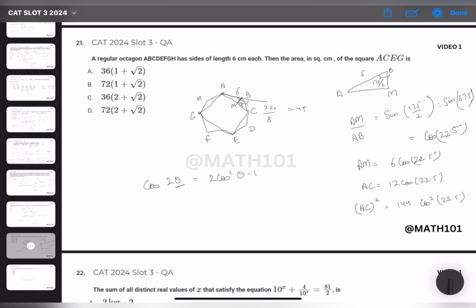Putting theta as 22.5 degrees, we get cos 45 degrees equals 2 cos square 22.5 degrees minus 1. Cos 45 degrees is 1 by root 2. So we get 2 cos square 22.5 degrees equals 1 plus 1 by root 2, which is equal to root 2 plus 1 by root 2.